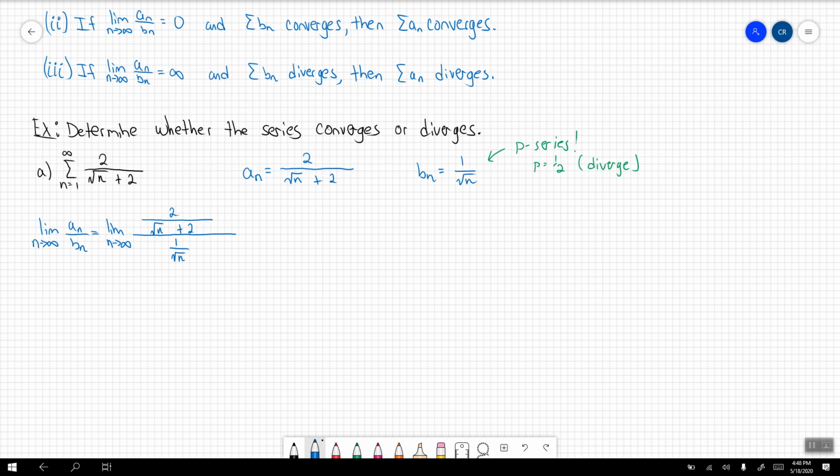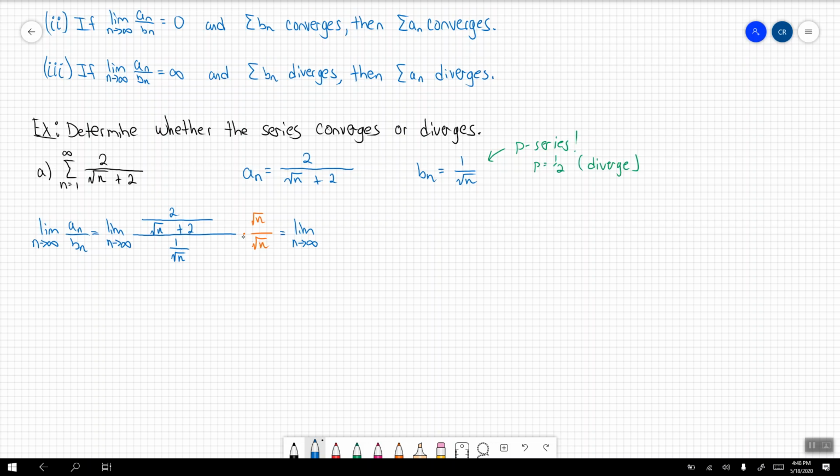All right, I have a complex fraction, so what I'm going to do is eliminate that complex fraction by multiplying by the square root of n, both numerator and denominator. In doing so, I get a new function, the limit as n goes to infinity. Now multiplying this in here, actually, yeah, that'll work out quite nice.